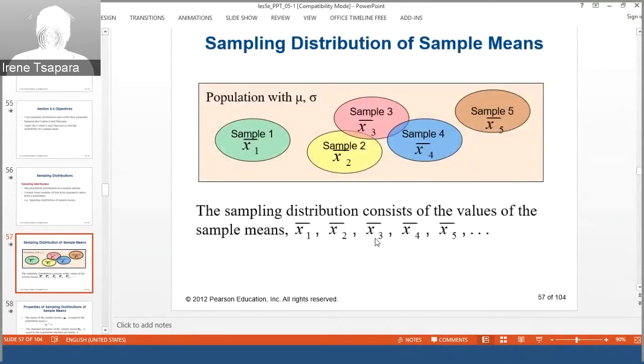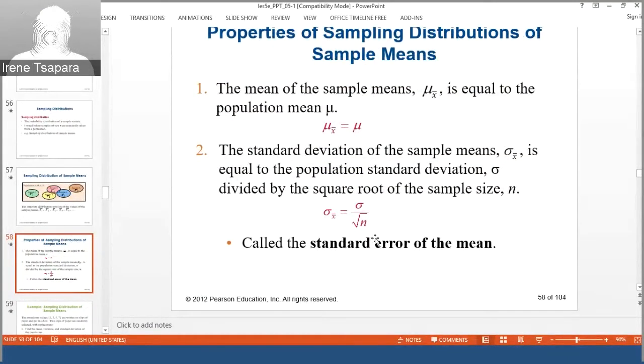So again, look at the big picture. You have the entire population, you take specific samples, and sometimes they may overlap, it doesn't matter. Then you look at your statistic, which may be the mean, for each one of those samples. Then you create the probability distribution for these samples.